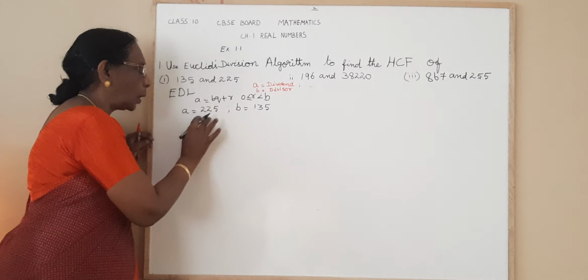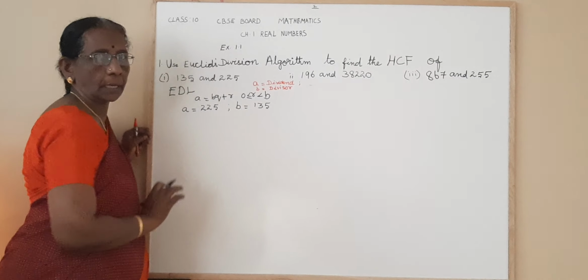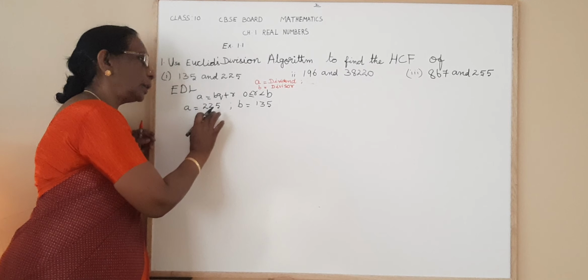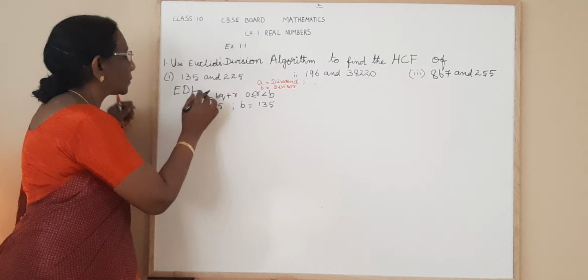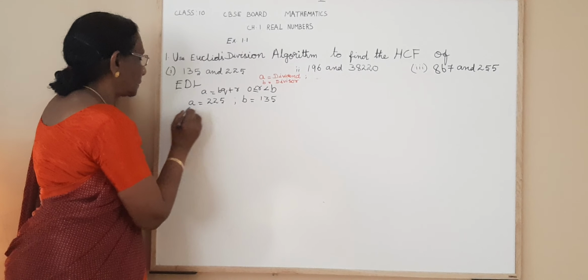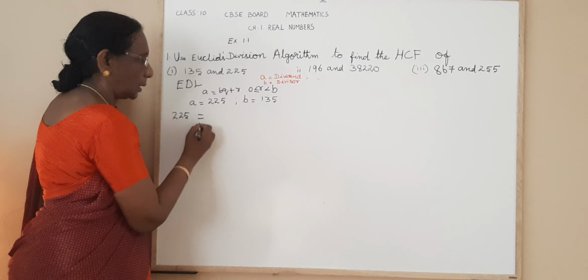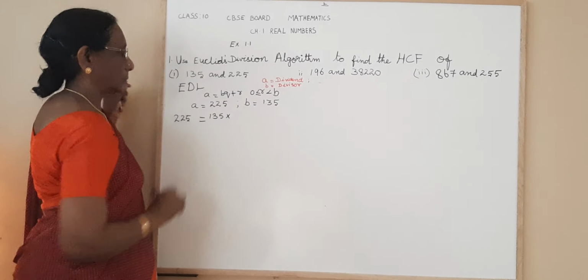So a we know, b we know, we have to find the quotient and the remainder. How will you find the quotient and remainder? By dividing 225 by 135. Okay, so let us write this. a is equal to bq plus r. a is 225 is equal to 135 into.